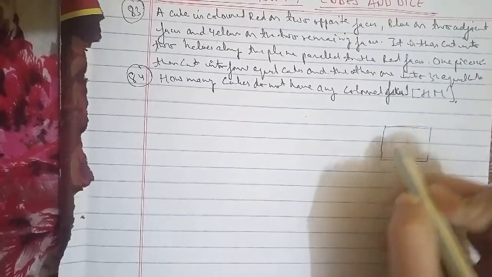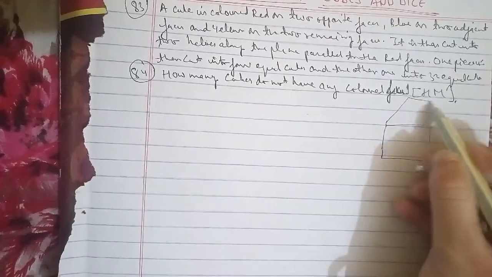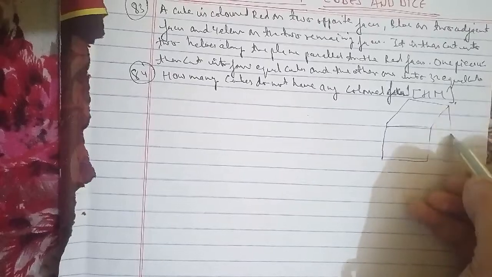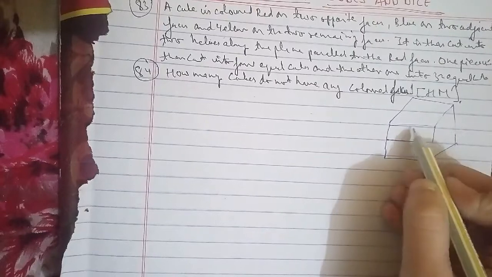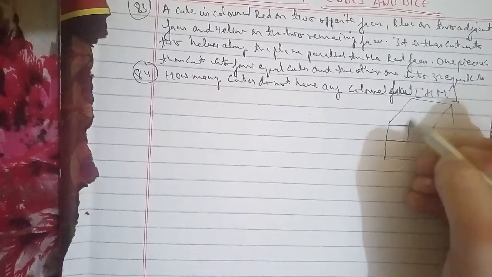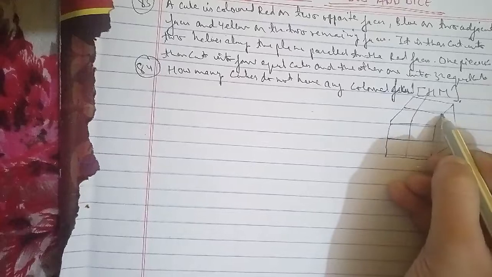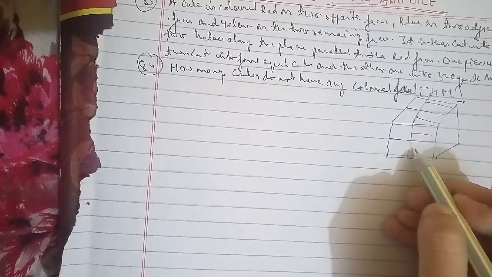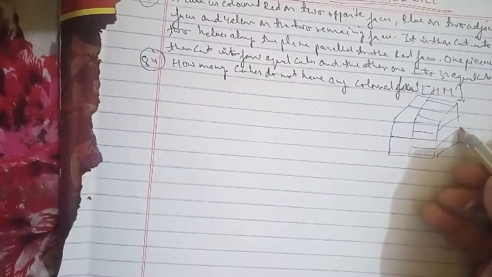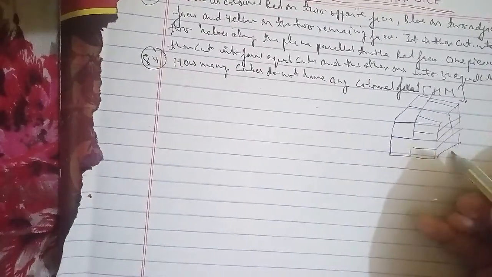So this is how it is represented. This is the red color, this is the yellow color, and this is the blue color.